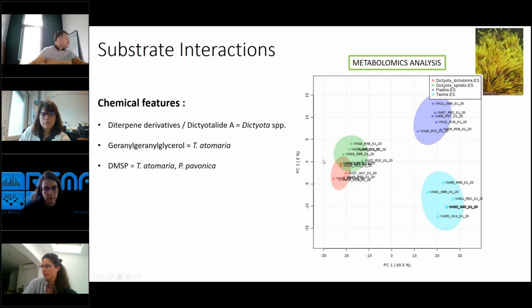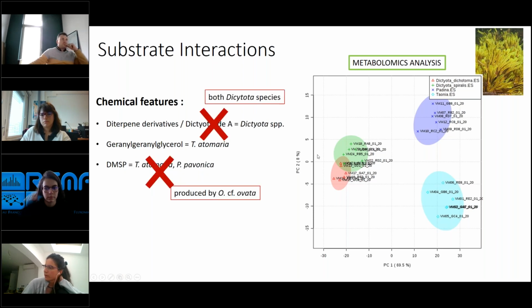Chemical features that were showing up for the Dictyota species were diterpene derivatives, which were identified thanks to the library in the lab. And the chemical feature obtained for the Taonia species was a glycerol compound, also obtained through library comparison. And for Taonia and Padina, dimethylsulfoniopropionate, DMSP, was observed as one of the main chemical features as well.